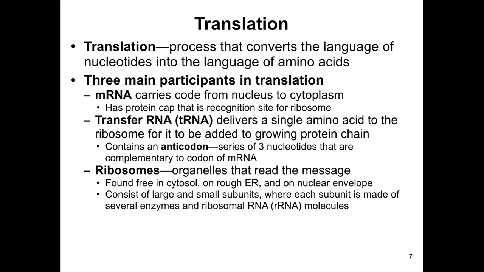And methionine is an amino acid. So you would have a tRNA that has the opposite of AUG, which would be UAC, right? Remember, A binds with U in RNA. So it would bind to the AUG sequence at its anticodon. And on the other side, it would contain a methionine, which is the amino acid that codon, that 3-base word, means.